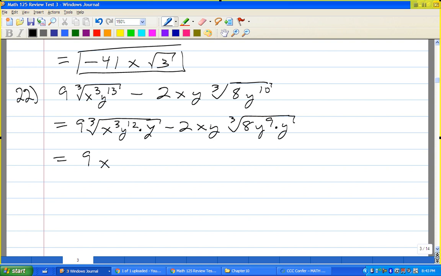The cube root of y to the 12 is, well, 12 divided by 3 is 4, times the cube root of y. The cube root of 8 is 2. The cube root of y to the 9, 9 divided by 3 is just 3.